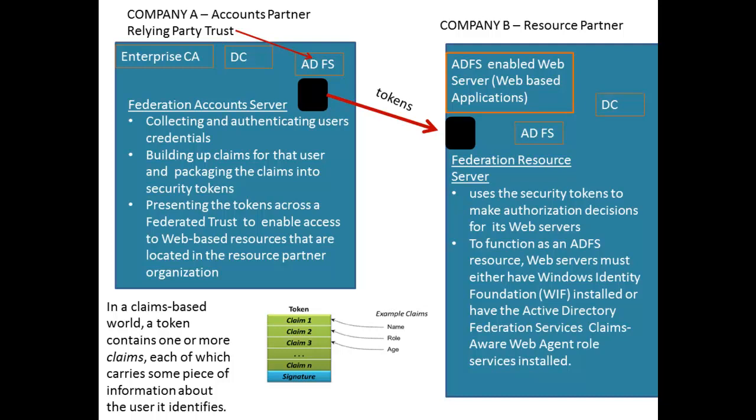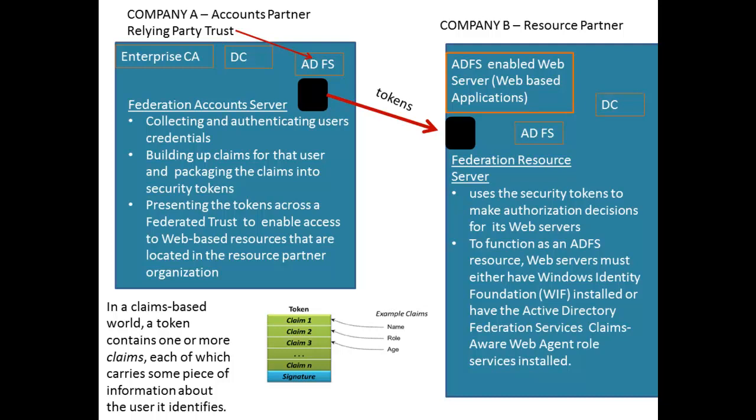Let's pause a moment to explain what we mean by claims-based. A token usually contains the user credentials, which would normally be the username and the user password. But when we use claims, we can use other things that will identify the user. For example, we can have a claim that contains the user's name, the user's role within the company, the user's age, the user's signature.